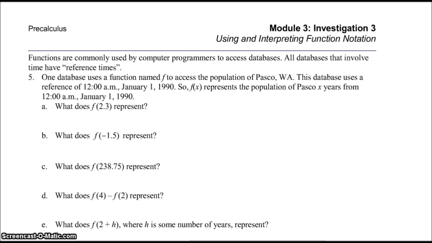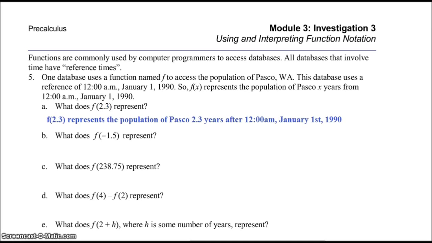So what does f of 2.3 represent? Well, that's simply the population of Pasco 2.3 years from 12 a.m. January 1st, 1990. What does f of negative 1.5 represent?